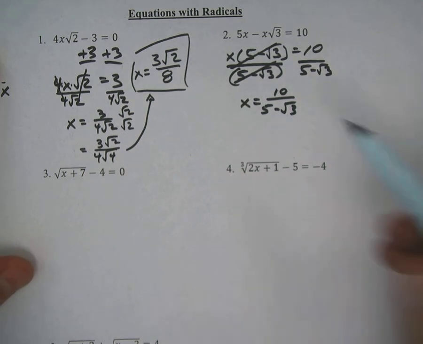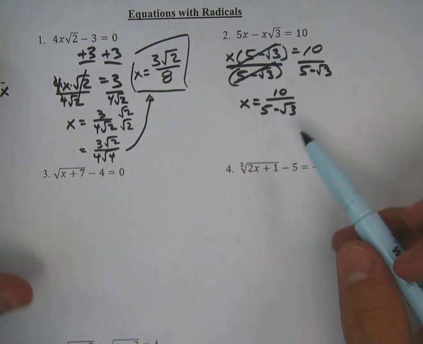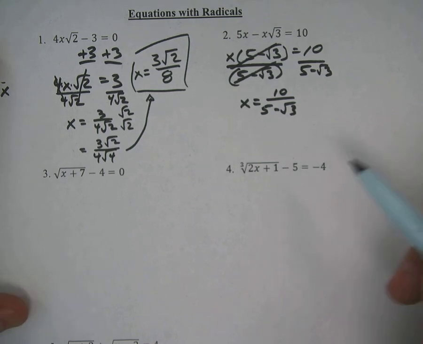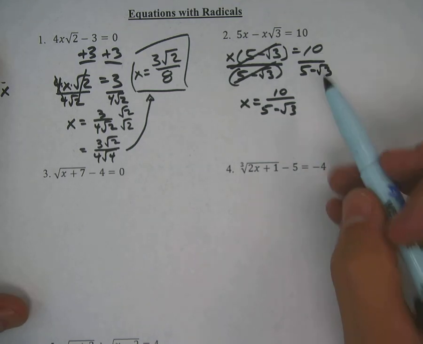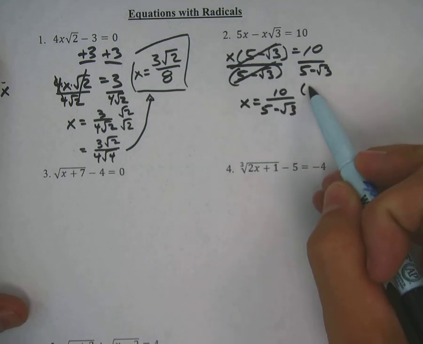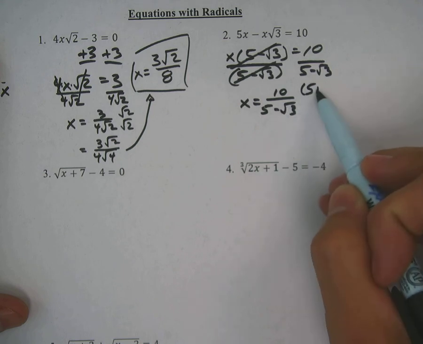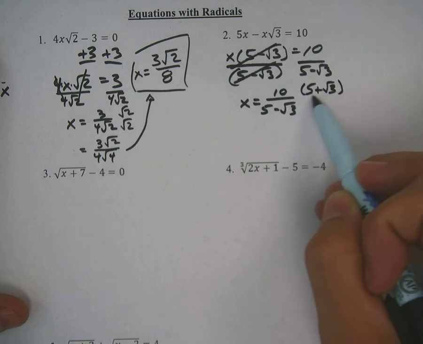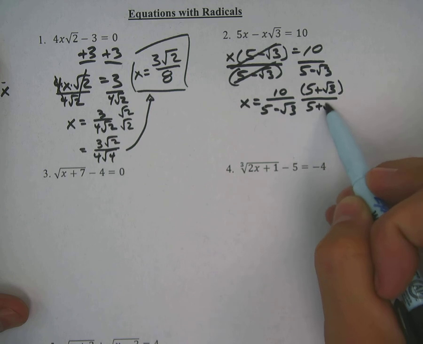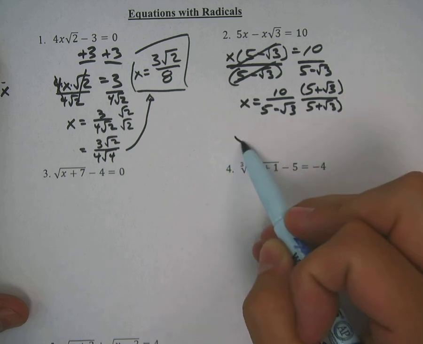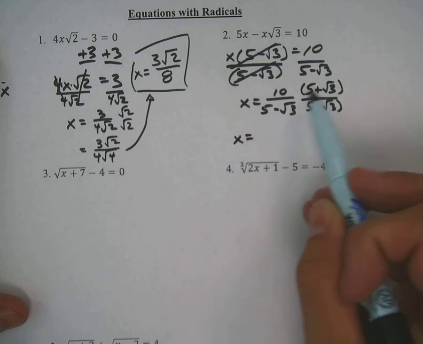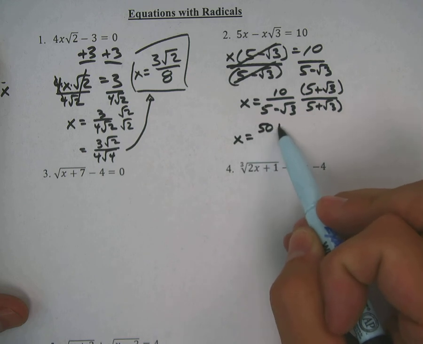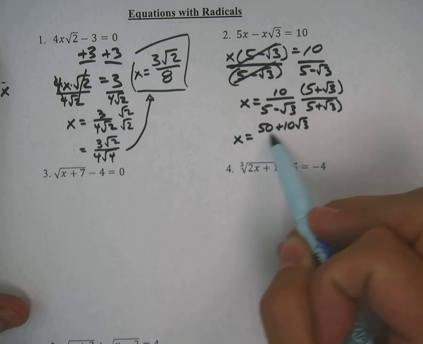And again, we have this radical down here, which you can't leave. And so to get rid of that radical, we're going to multiply by the conjugate. Remember, the conjugate is basically the same thing, but with the opposite operation. So I get x equals on top, 50 plus 10 root 3.